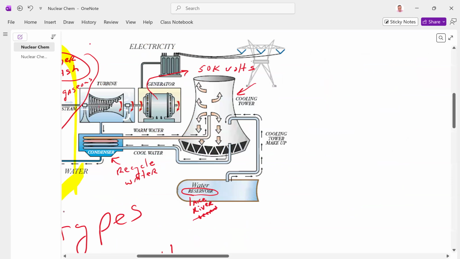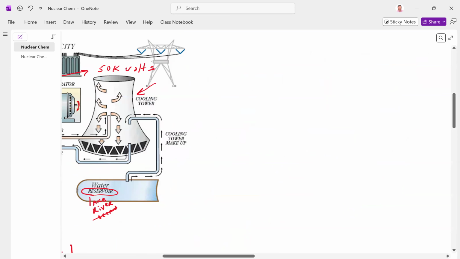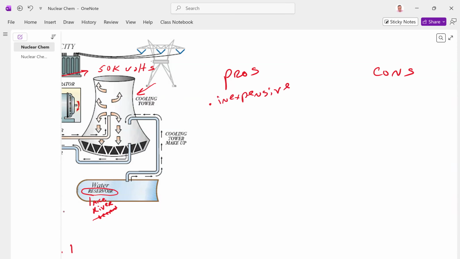Okay, so let's talk about pros. Pros is relatively inexpensive startup because there's no giant shielding needed because of the radiation and all this stuff.